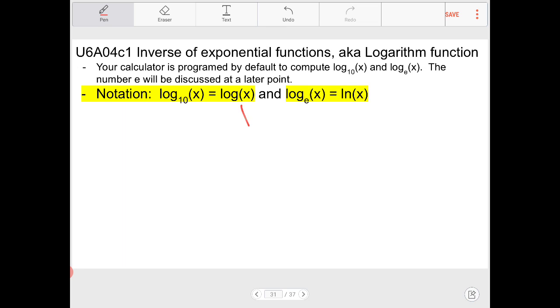By default, if there's no base written there, then it is always base 10. Your calculator can only perform computations of base 10 or base e. Your calculator will not say log base e, but instead use the notation ln. So if you see ln, that means it's base e. ln actually stands for the natural log. I know it's backwards.